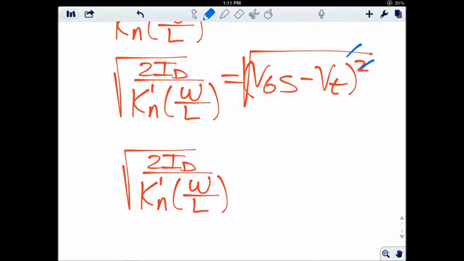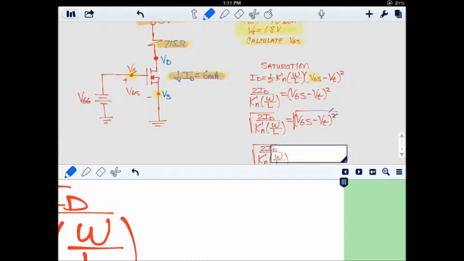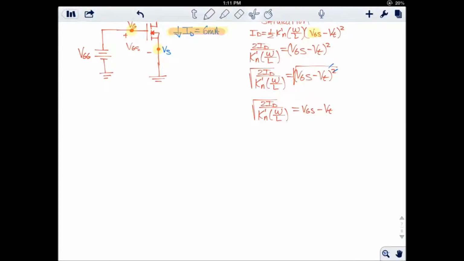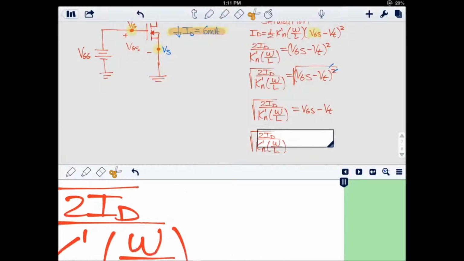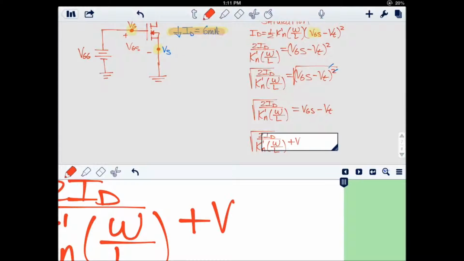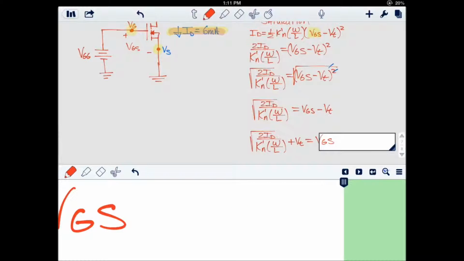Now we have VGS minus VT equals this. Because we are solving for VGS, we pass the threshold voltage to the right side of the equation, summing, and there we go.